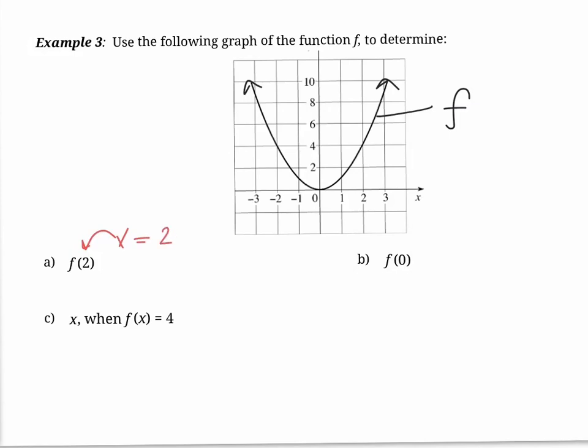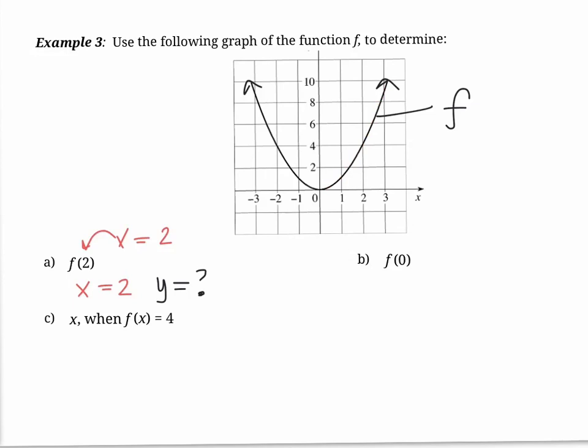So if we are asking for f at 2, we're given x is equal to 2, and we're trying to find the value of the function at x equal to 2. What's another way to say that? Well, then we're looking for y. We do know what x is, it's 2, and we're looking for y. So let's use the graph.